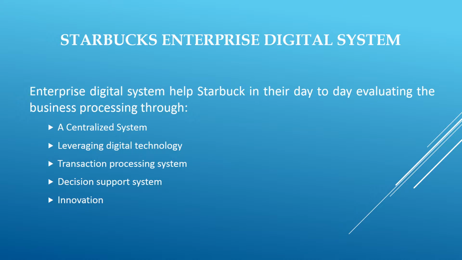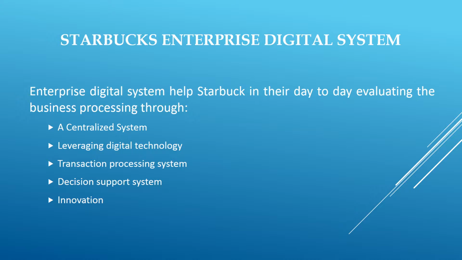Starbucks Enterprise Digital System. Starbucks uses many digital systems which help Starbucks in their day-to-day business processing in many ways to achieve their goals, like a centralized system, leveraging digital technology, transaction processing system, decision support system, and innovation.